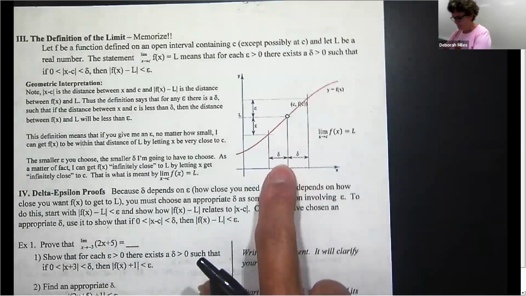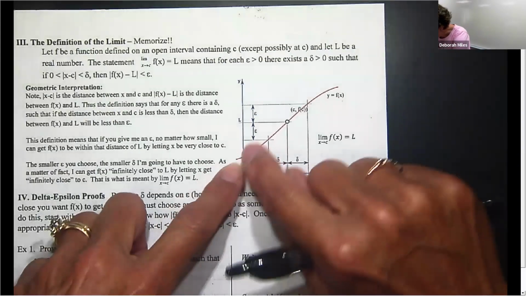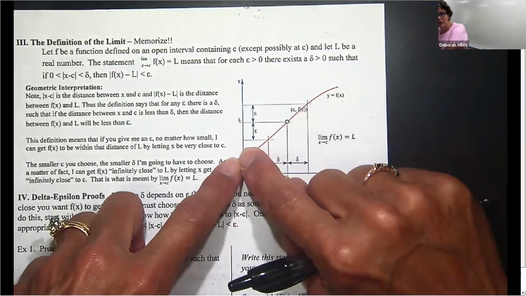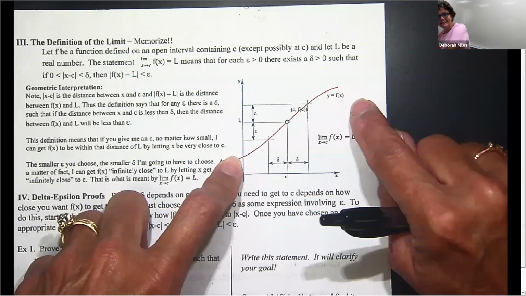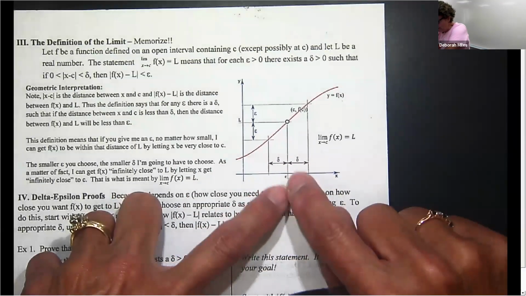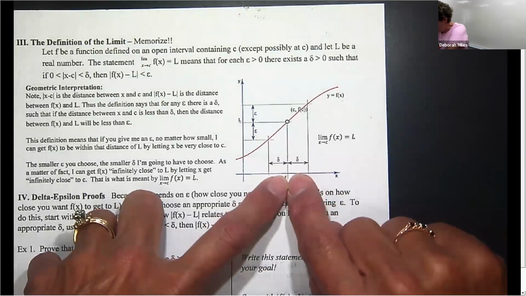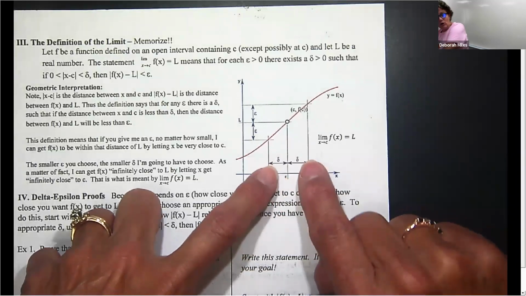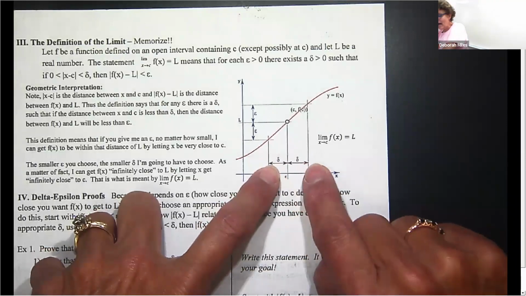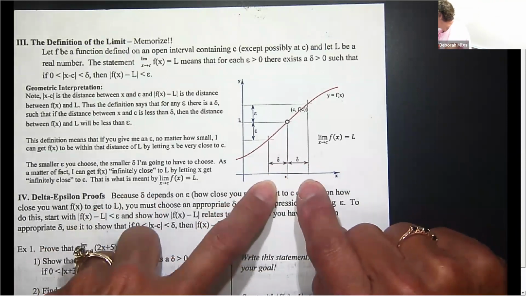Let's look at this picture. y equals f of x is this function. That function consists of all the y values you get from plugging x's into f. C is some constant on the x-axis, and delta is the distance to the left of C or to the right of C that some x value is.